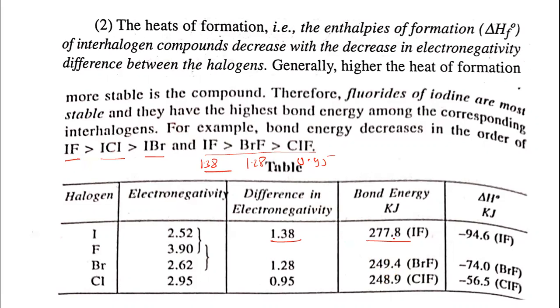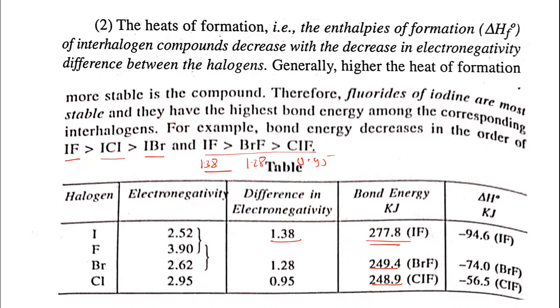So the bond strength is also less in the case of ClF and BrF. As the bond energy is higher, the bond strength will be greater. It means that IF is a more stable compound as compared to ClF. So this is about the heat of formation and the bond strength among the interhalogen compounds.